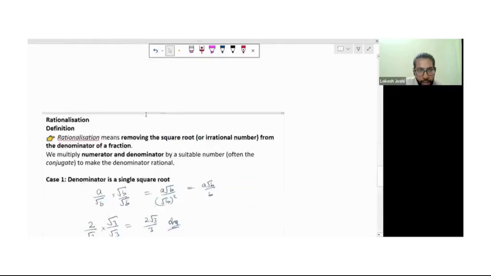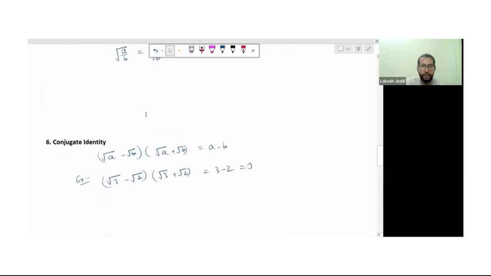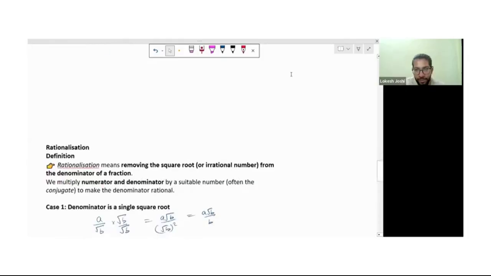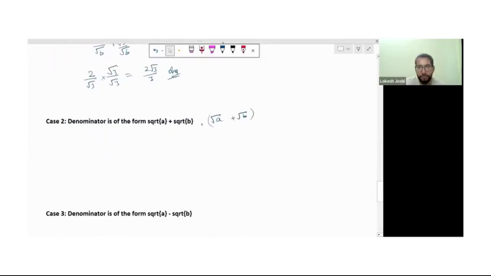Look at the conjugate identity. If I multiply square root a plus square root b by square root a minus square root b, then the answer will be a minus b, which is real and rational also. So in such cases we multiply square root a plus square root b by square root a minus square root b, and the answer will be a minus b.